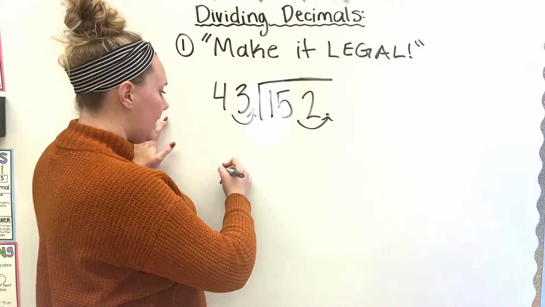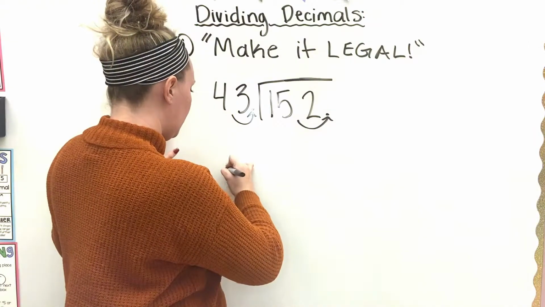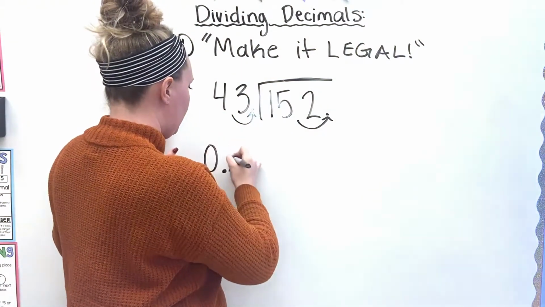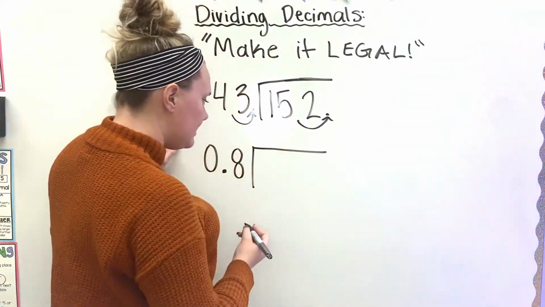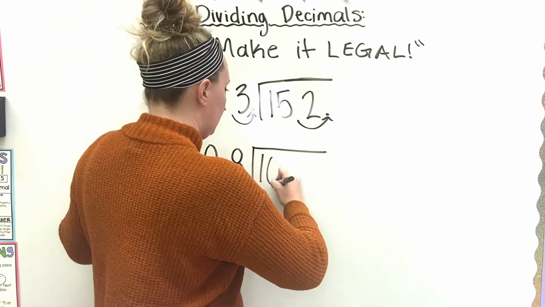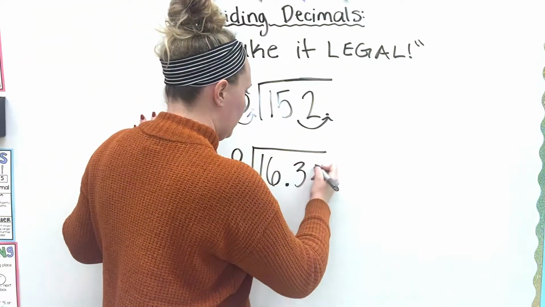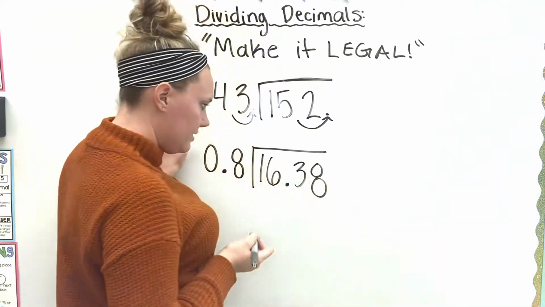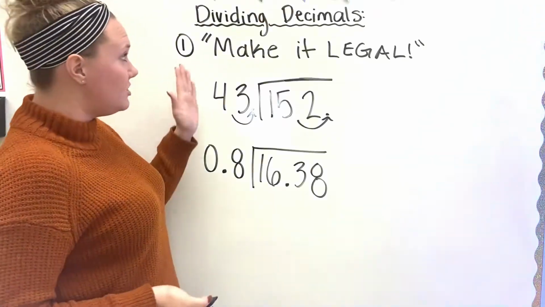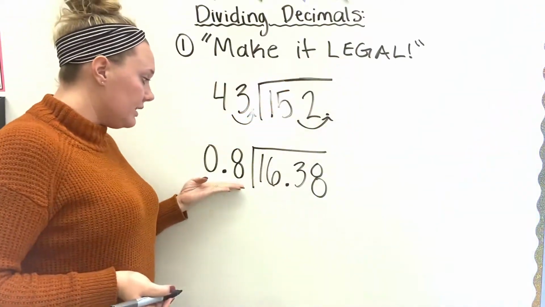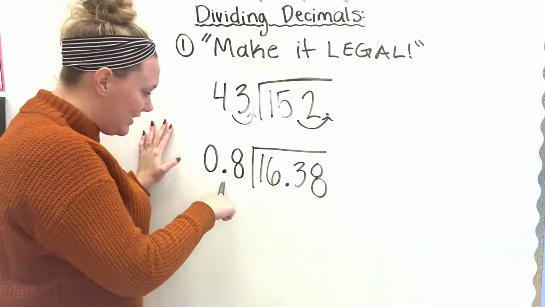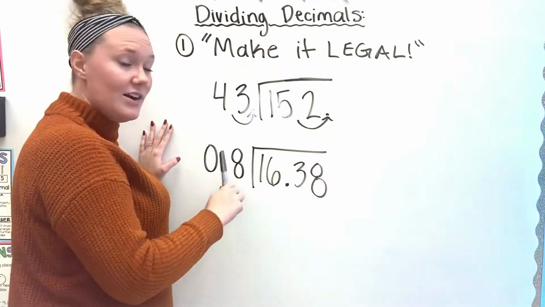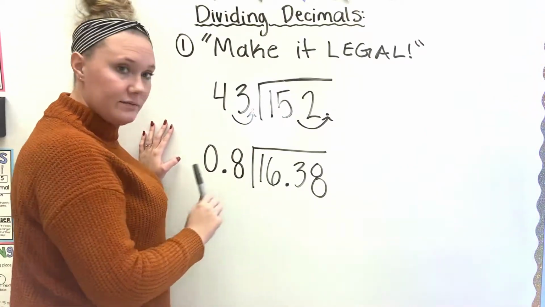Let's say I had 0 8/10 on the outside, and let's say on the inside I had 16 38/100. Well, the first step is to make it legal, because I'm looking at that and I'm like, oh, I'm the decimal police. That is illegal. I cannot have a decimal point on the outside unless it's at the very back.